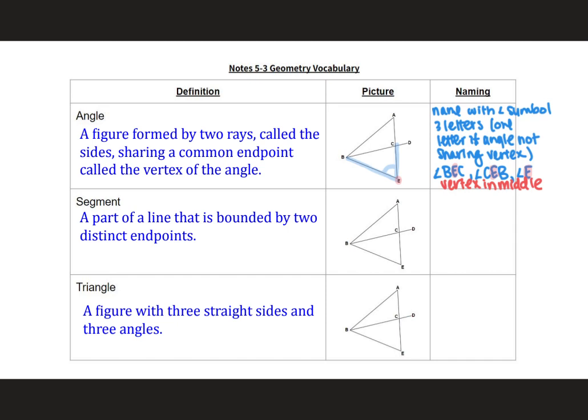Okay, so the next word is segment. So that is a part of a line that is bounded by 2 distinct endpoints. So again, on this figure, there's many segments, but the one that we'll focus on here is this line segment.